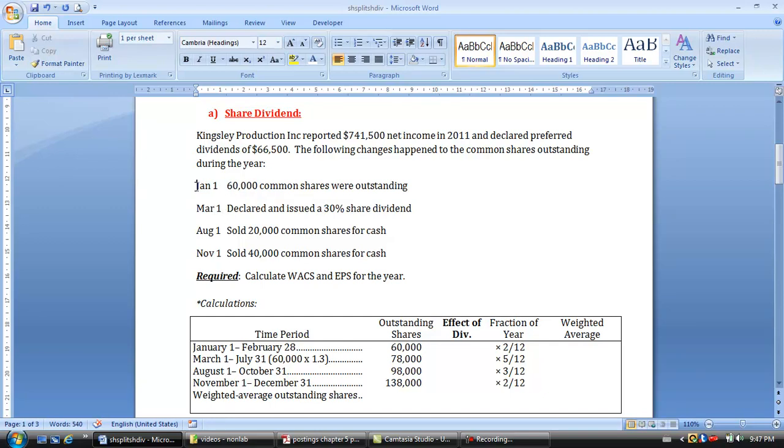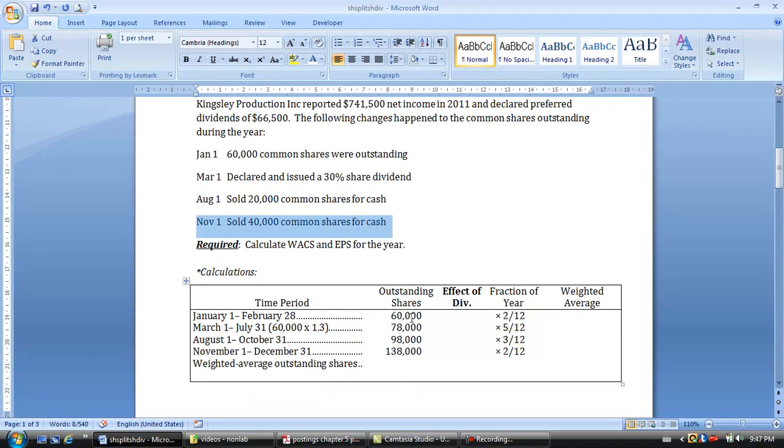So from January to the end of March, we had 60,000 shares outstanding. From March 1st until August 1st, that's after we declared and issued a 30% share dividend. That share dividend is going to be applied to these shares. Now, in August, we sold common shares for cash, and we sold more common shares for cash November 1st.